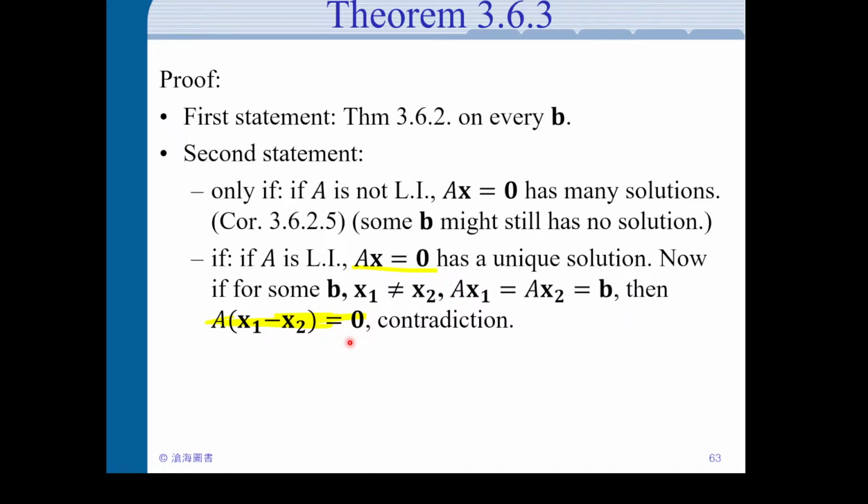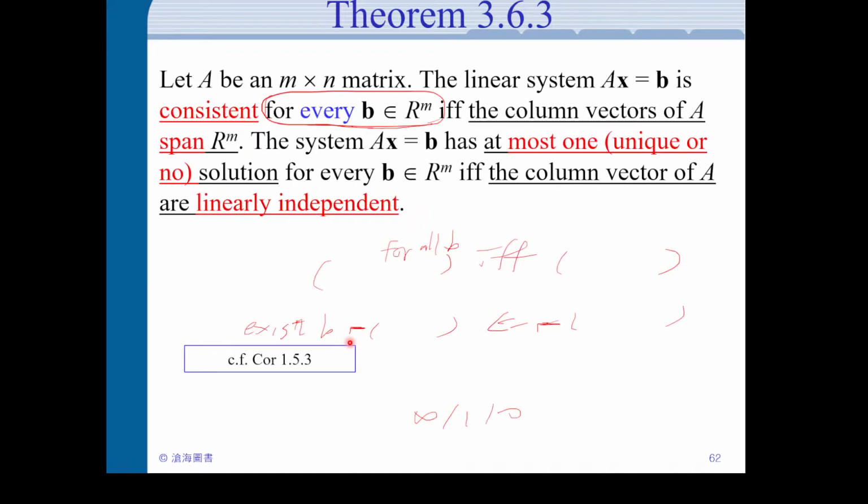The logic is quite complicated, but the result is quite simple: if the columns of A are linearly independent, then Ax equal to b has at most one solution for every b. I guess this is a good exercise on your logic and quantifiers.